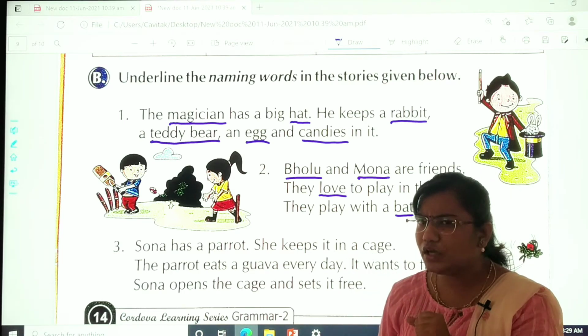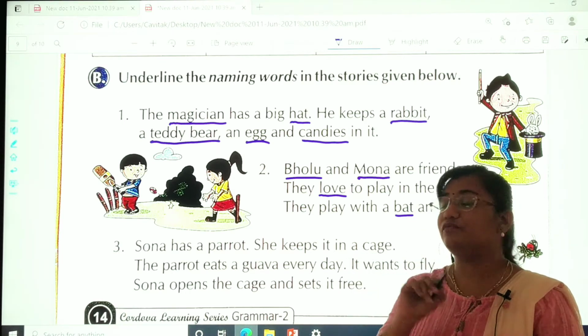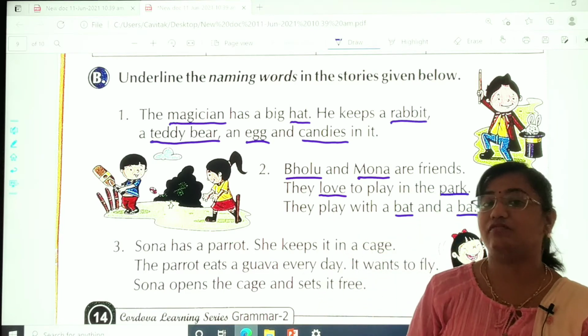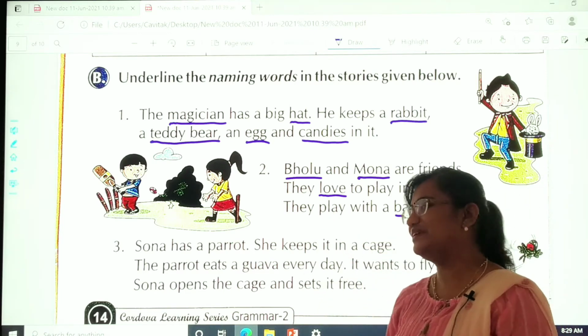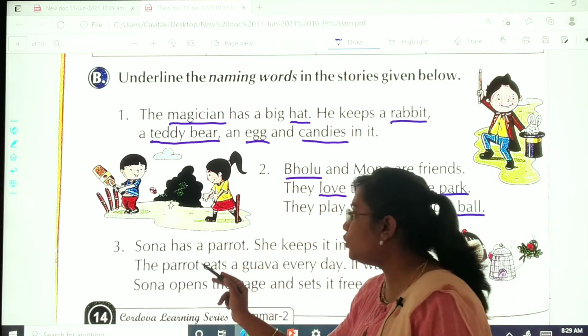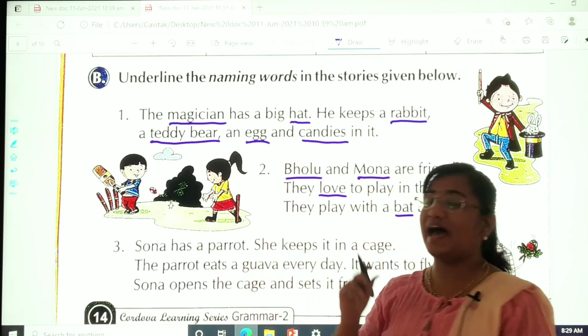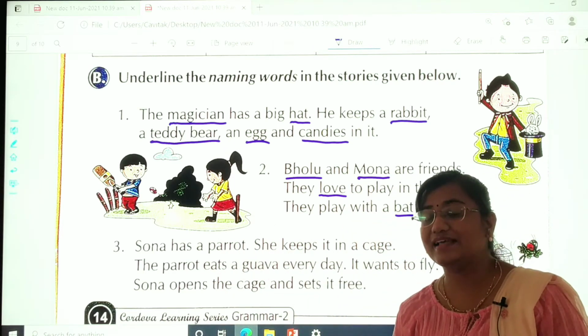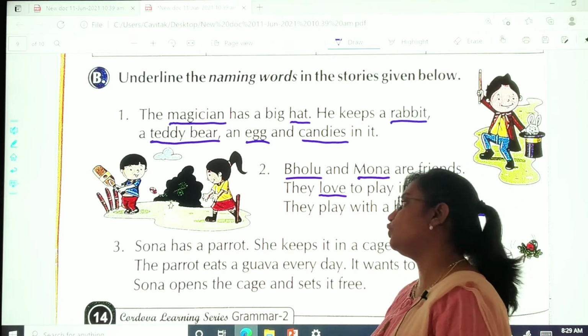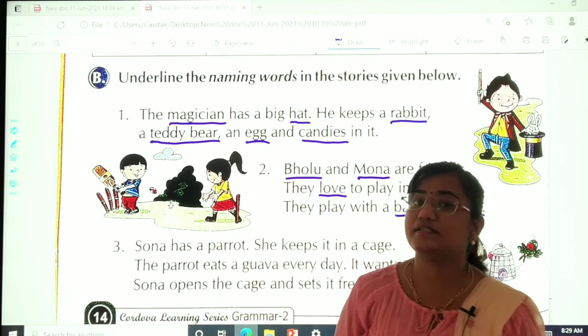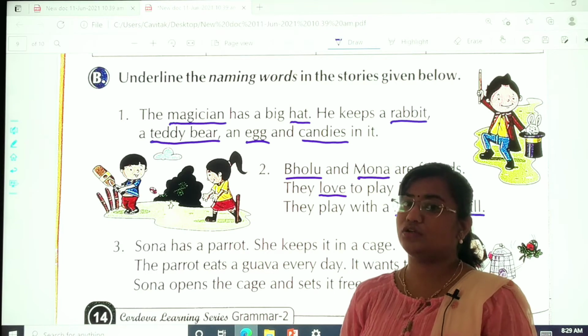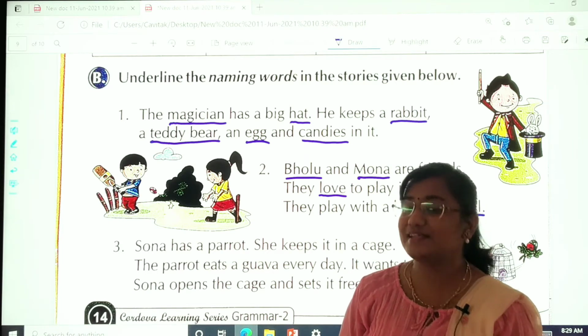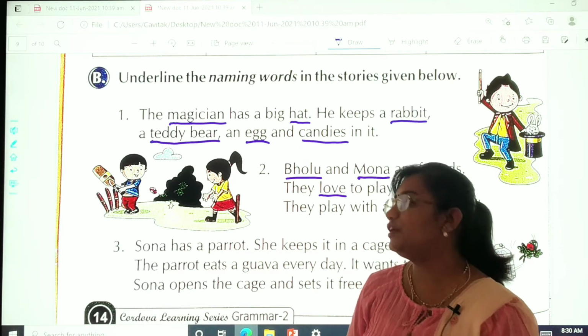Story number 3. You will be doing this by your own. I will read this and I will give you some hints as well. Okay? Sona has a parrot. Over here, Sona is a name of a person. So, we will underline this as our naming word.